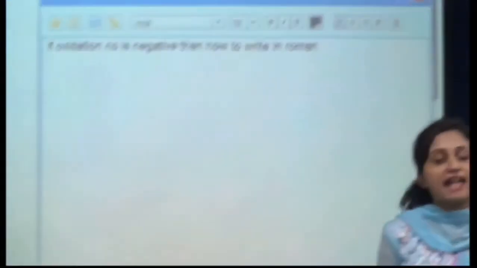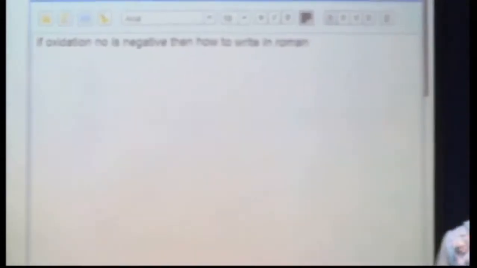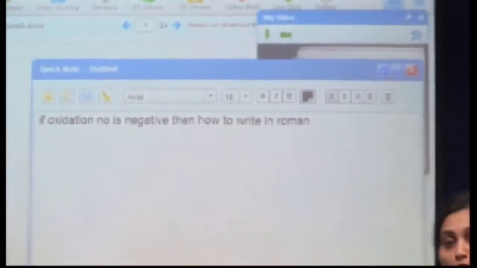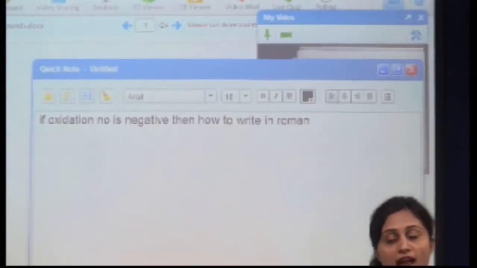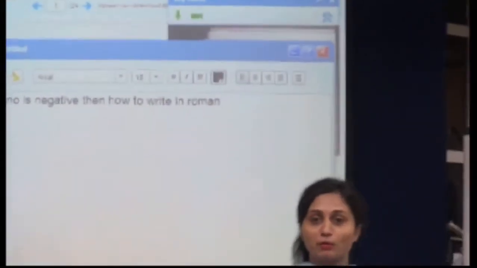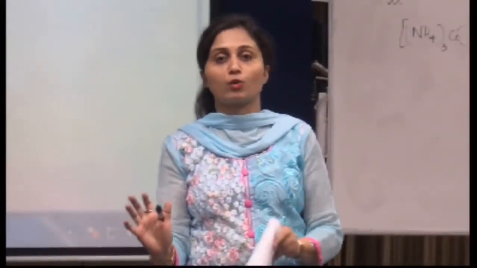Generally you do not associate any sign with your oxidation state. Oxidation number in the majority of cases, or almost I think 99% of the cases, will be positive only. And just in case, because I don't say no to anything, if you come across one, just label the magnitude of the number in Roman numerals, right?